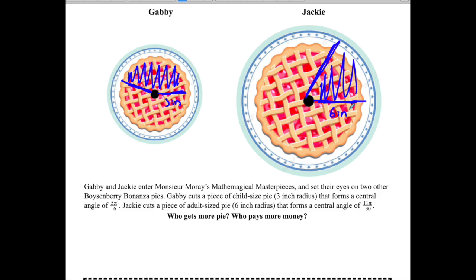Thinking about what we did with the degrees, how do you think I could use the fact that this angle is 5 pi over 6 versus the total angle of 2 pi for a circle, and this angle here is 11 pi over 30 versus the total of 2 pi. So what I want you to do, pause the video, try to solve this similar to how we did the Hadley and Avery example, and then when you're ready, unpause, and I'll show you this one last answer.